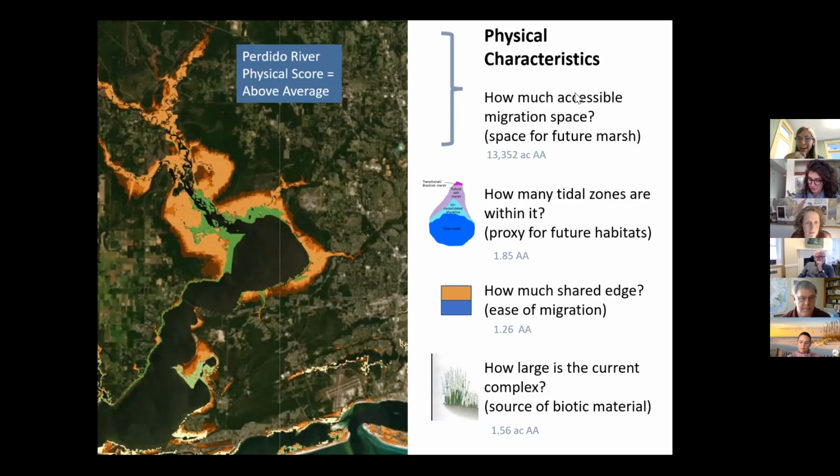And so what we have here is the marsh migration space. There's likely some space that is upland space that is prone to development in this area that is marsh migration space, but probably a lot of this marsh migration space is actually currently freshwater wetlands. So that's an interesting phenomenon that we saw quite a bit with this tool in the Southeast, that there's not a lot of development threat.